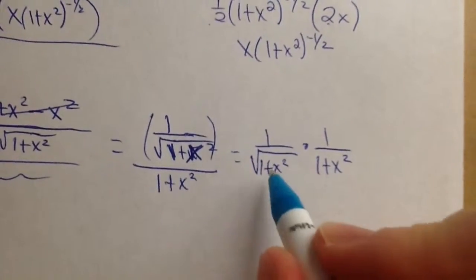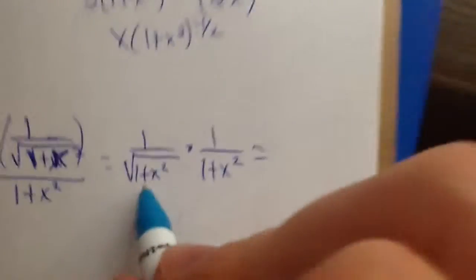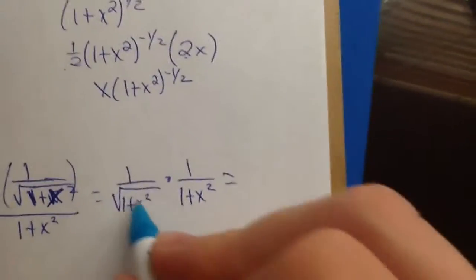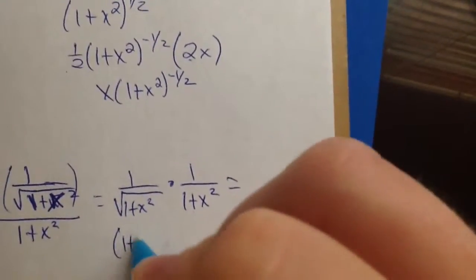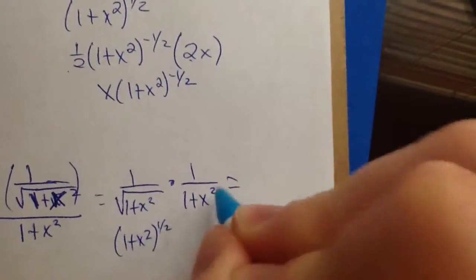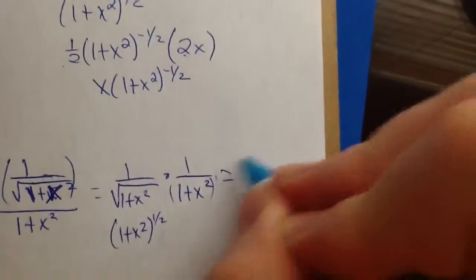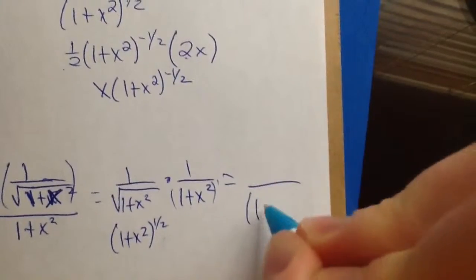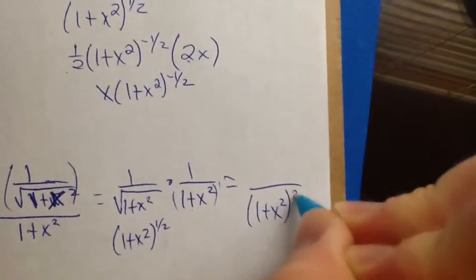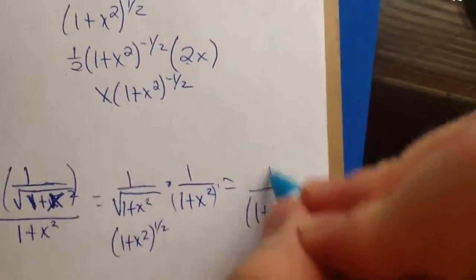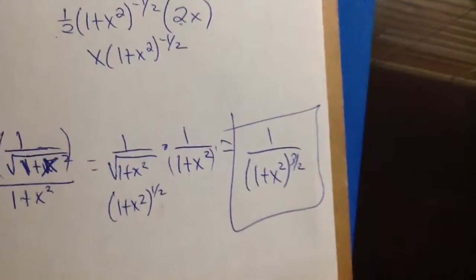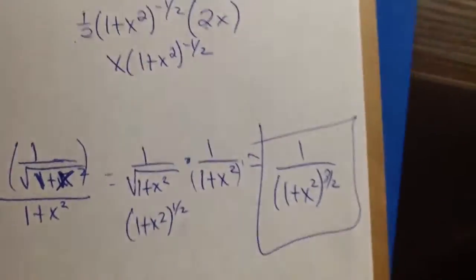Now I have 1 plus x squared times the square root of 1 plus x squared. We have to remember that's just 1 plus x squared to the 1/2 times that. Add the powers, you get 1 plus x squared to the 3 halves, and on top you just have 1. So that did get simplified down.